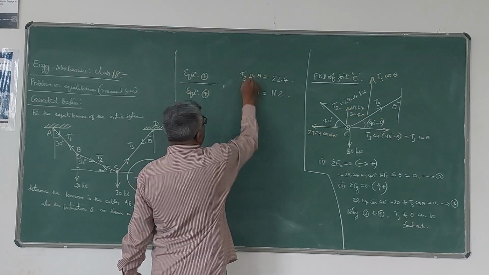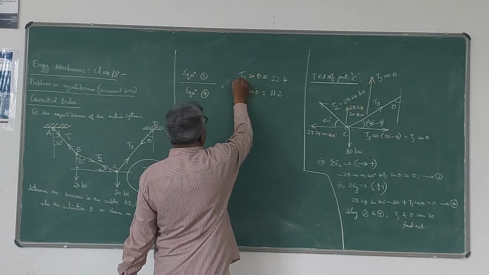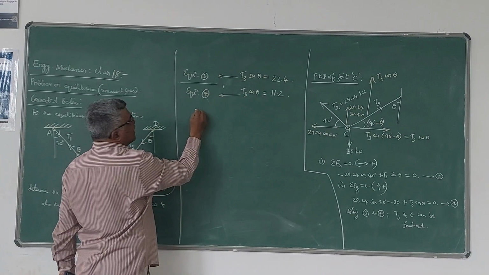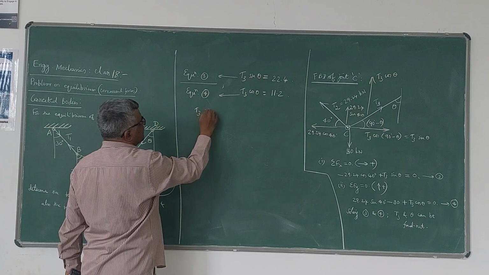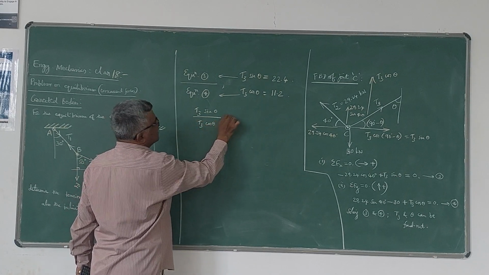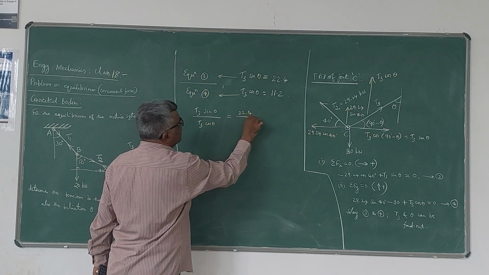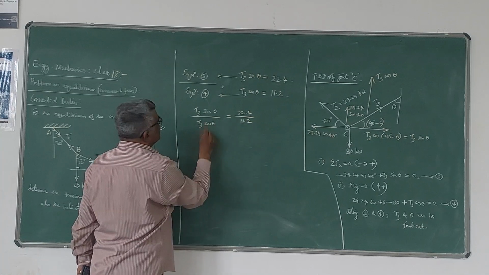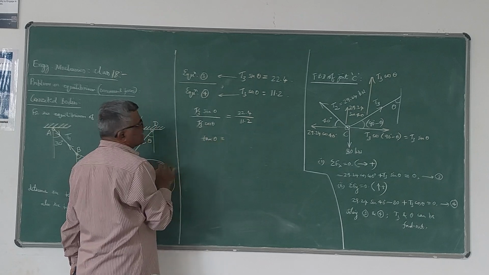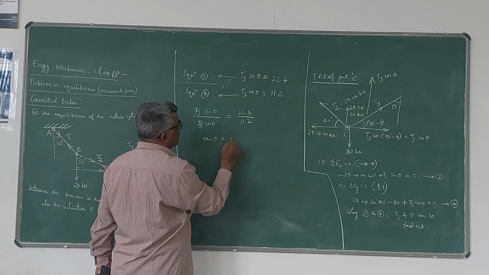Now if you divide equation 3 by equation 4, the LHS becomes tan theta. So T3 sin theta divided by T3 cos theta is equal to 22.4 divided by 11.2. Sin theta by cos theta is tan theta, which is exactly 2 here.